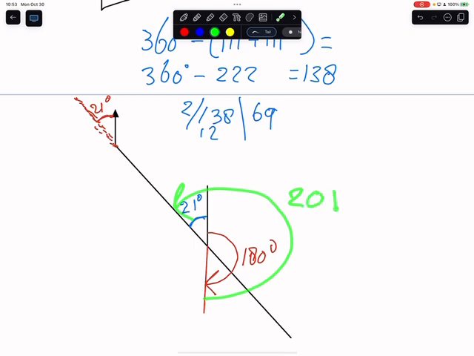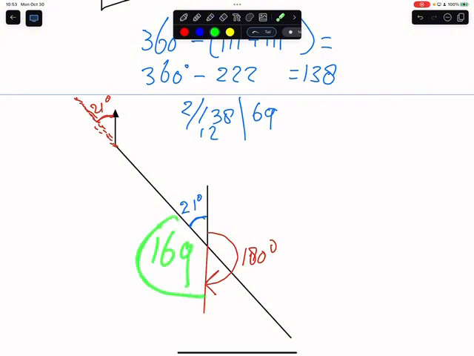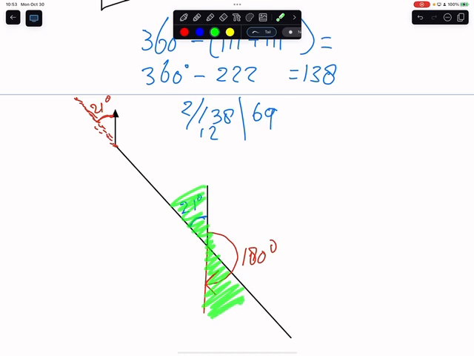So what is left for this side? 169. So this angle here is 169. And as you can see, this is also an opposing angle. See? Yeah? So you have to look out for these things, especially when doing chapter 10.5.